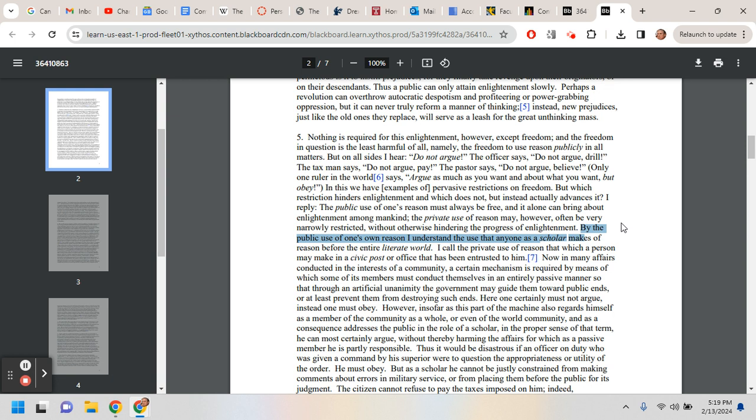And again, the whole point of the essay, I think, really is that, okay, we can limit what people can say in their roles as those sort of representatives, but when they are addressing the world, then we cannot limit what they say. And ultimately, why not?